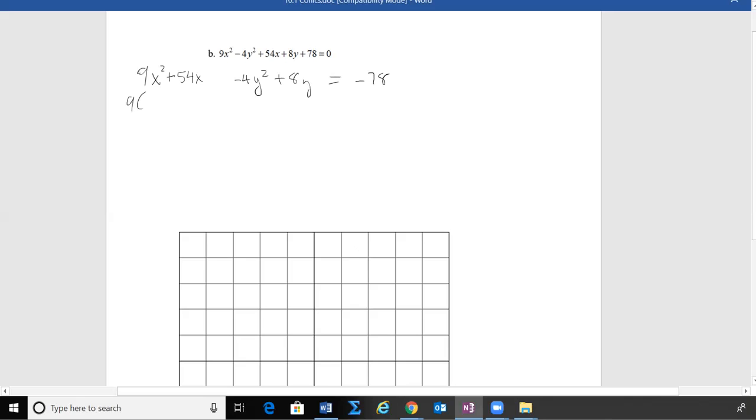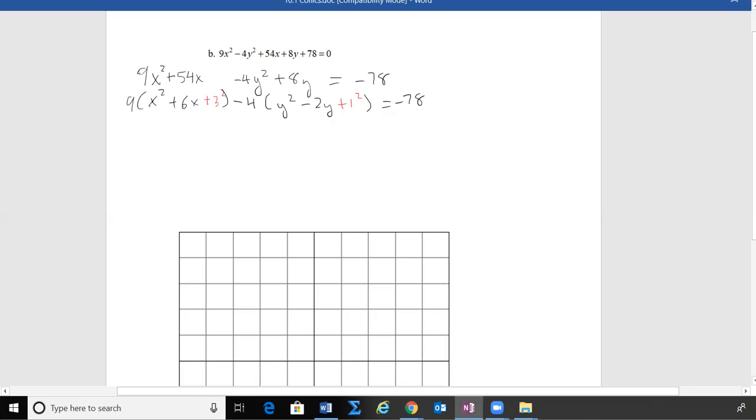And I'm going to factor out that 9 and then factor out the 4. And then complete those squares. So I'm going to add in a 3 squared here, and I'm going to add in 1 squared there.